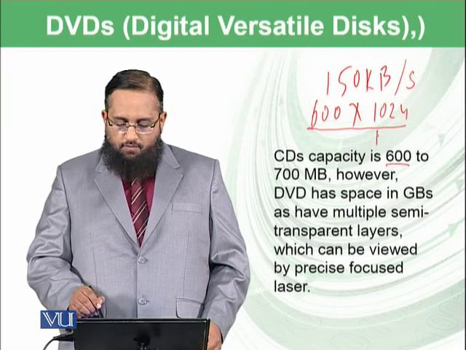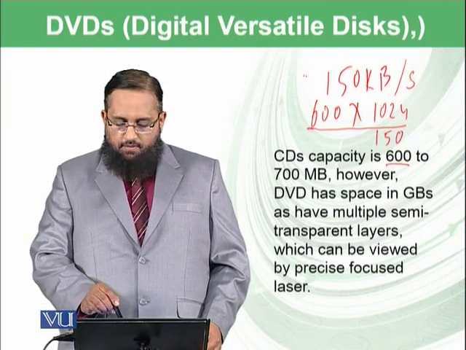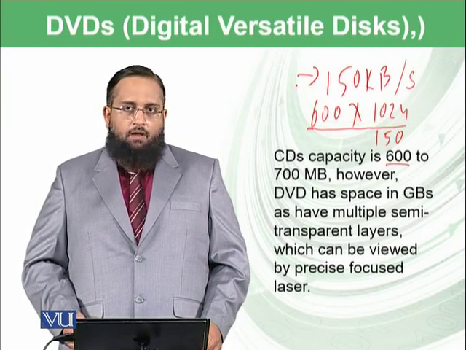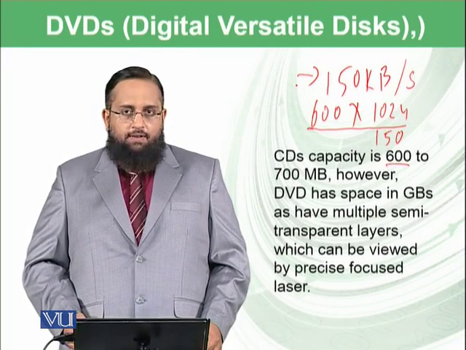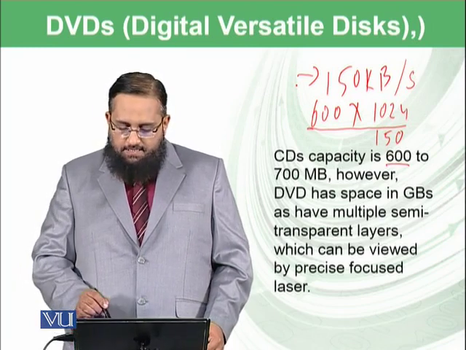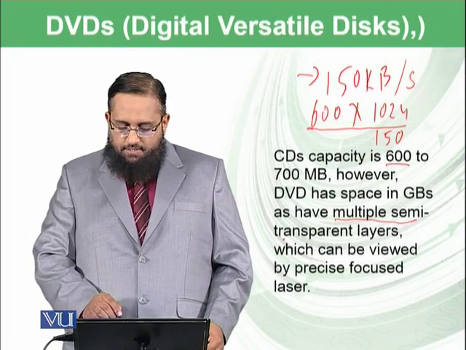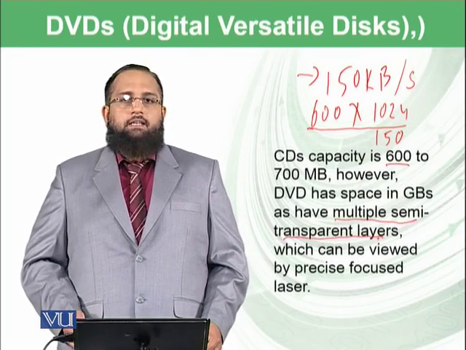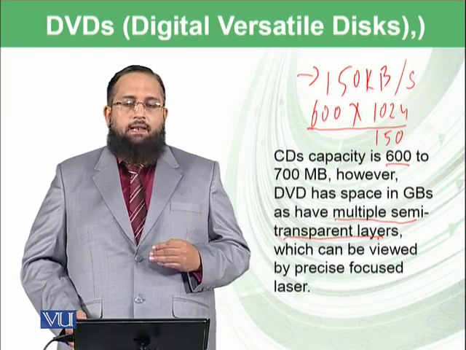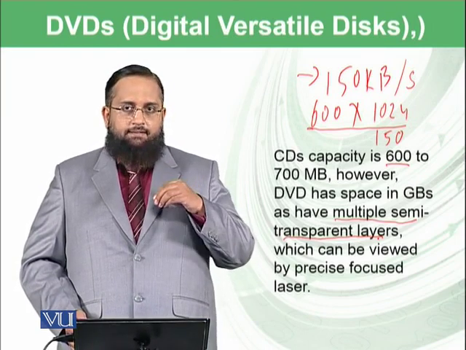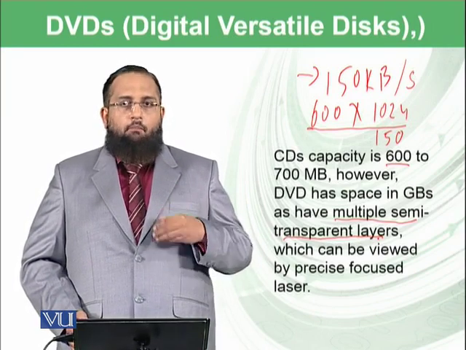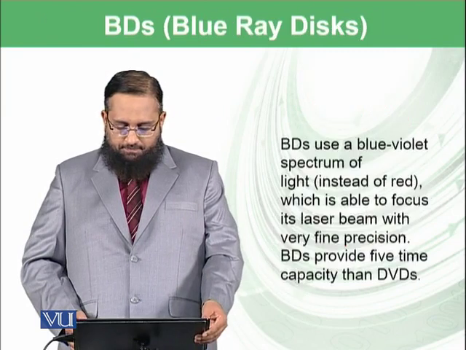However, a DVD can store multiple GBs because it has multiple semi-transparent layers. On a CD there is one layer, but on a DVD there are multiple layers. The laser can detect information from multiple layers, so on those multiple layers, more data can be stored.